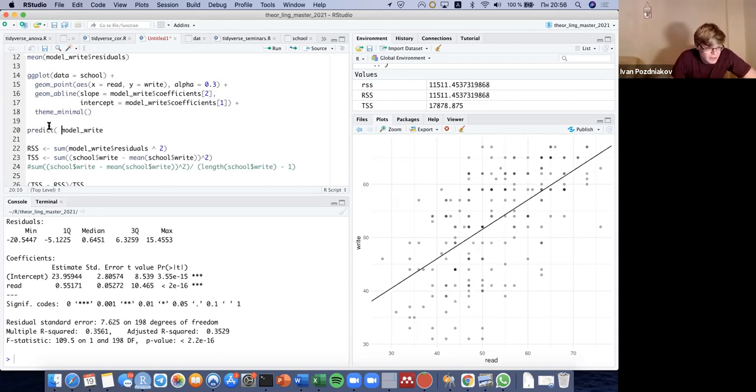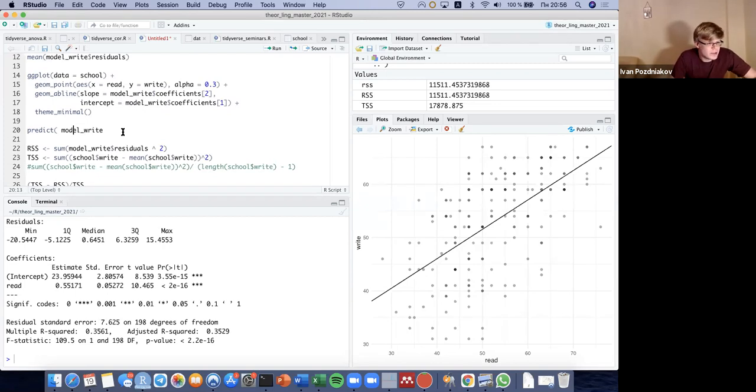Predictions are basically just you see the line by this x, and you ask, okay, if students have 40 for reading, how much writing will they have? It will just say the value on the line. It will be like 46 or something. And yeah, it actually works like that.